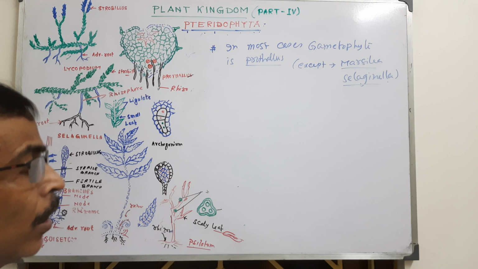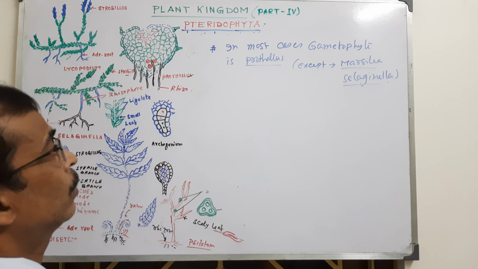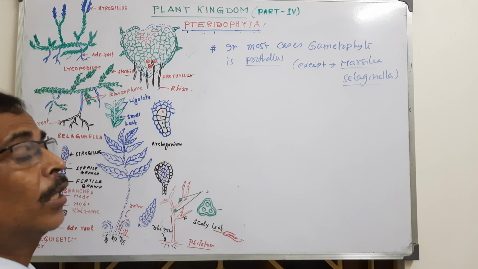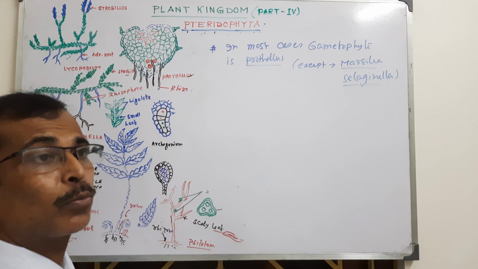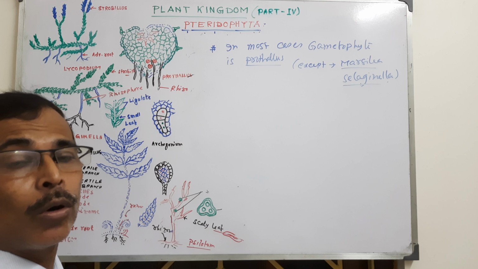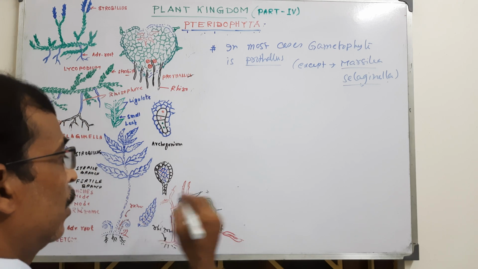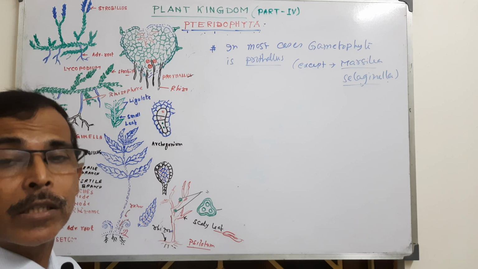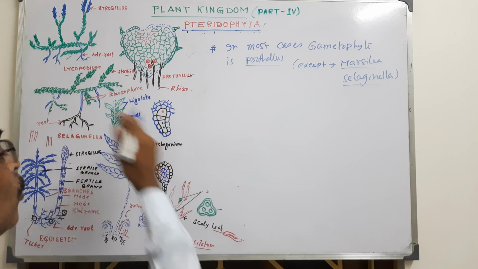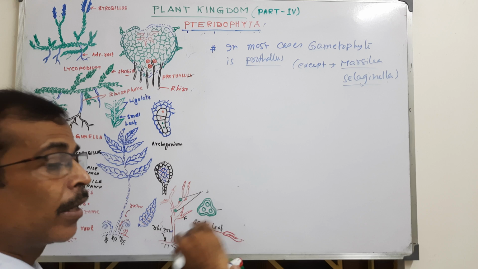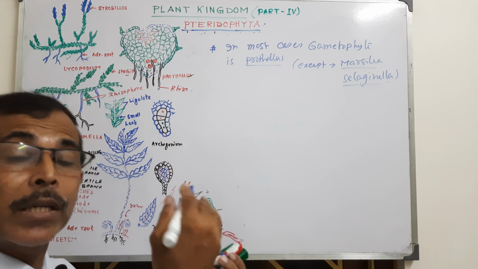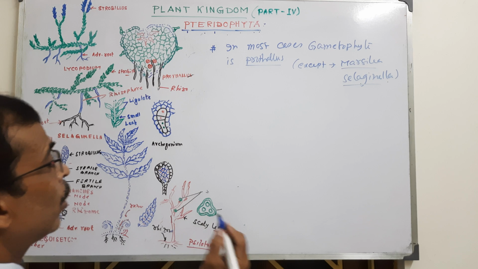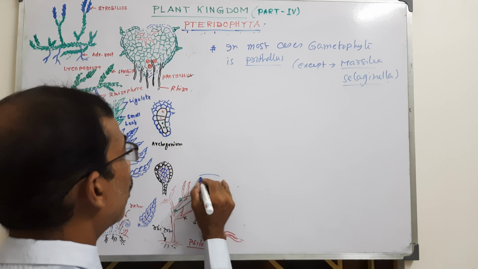I forgot to say one more thing about sporangia. I told you that sporangia are developed on the adaxial or abaxial surface. In ferns they are produced on the abaxial surface, but in Selaginella and Lycopodium it is the adaxial or ventral surface, that is the upper surface. But sometimes they are produced in a special structure called a sporocarp, which is found in Marsilea.